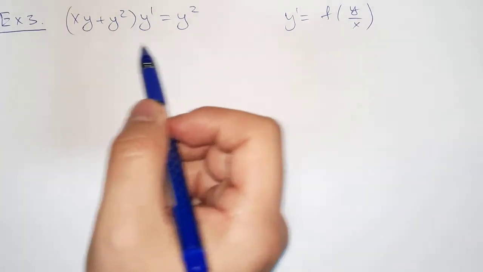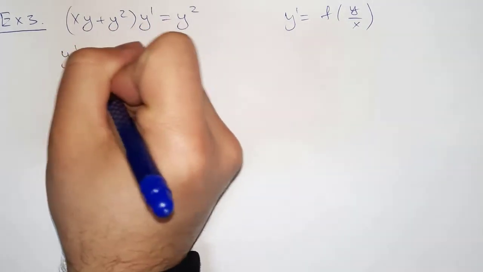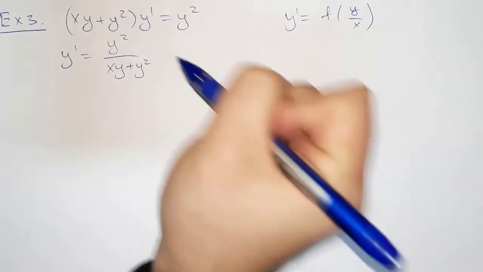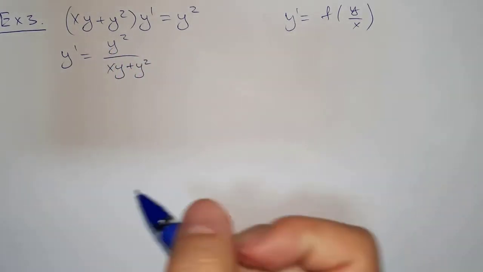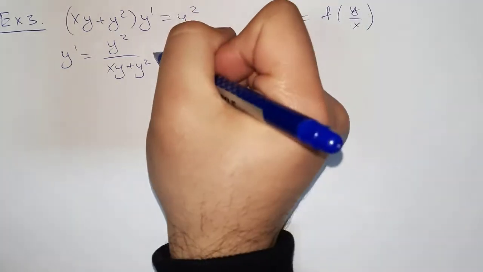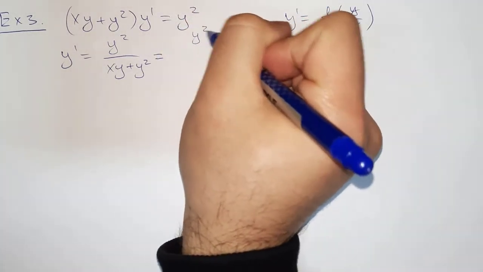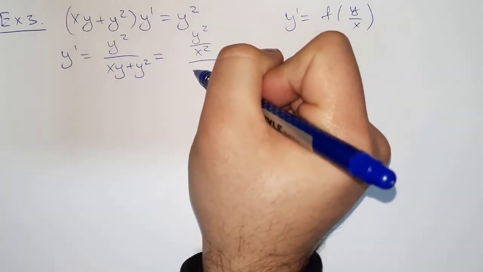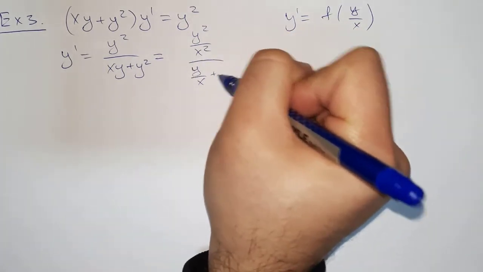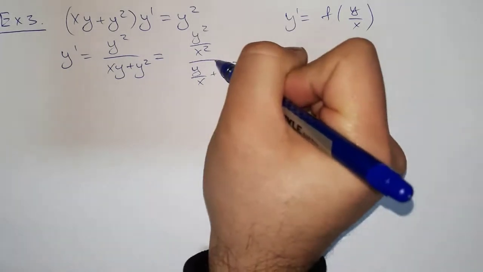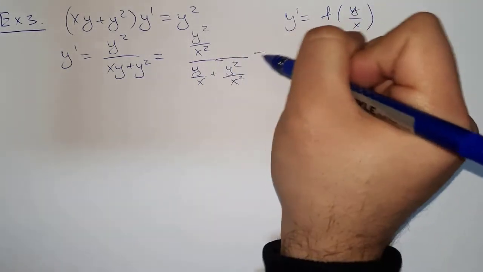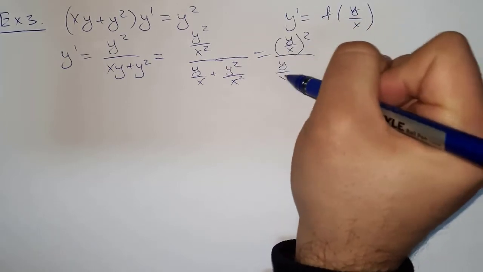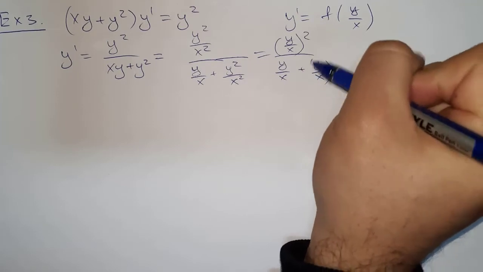We can rewrite our differential equation as y prime is y squared over xy plus y squared. If we divide numerator and denominator by x squared, we will get y squared over x squared over y over x plus y squared over x squared, or it will be y over x squared over y over x plus y over x squared.